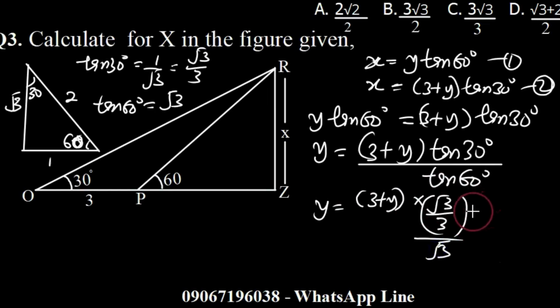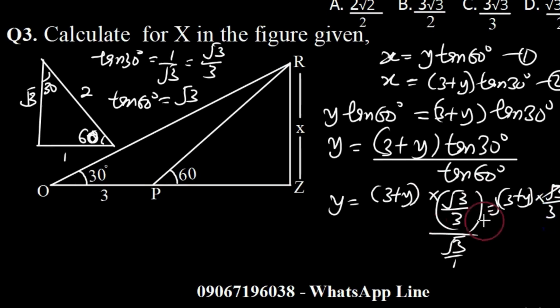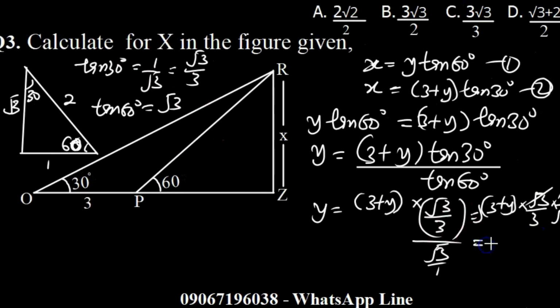So if I do this, this will give me 3 plus y times root 3 divided by 3, times 1 divided by root 3. If I cancel root 3, this is going to give me 3 plus y, and all of this divided by 3.